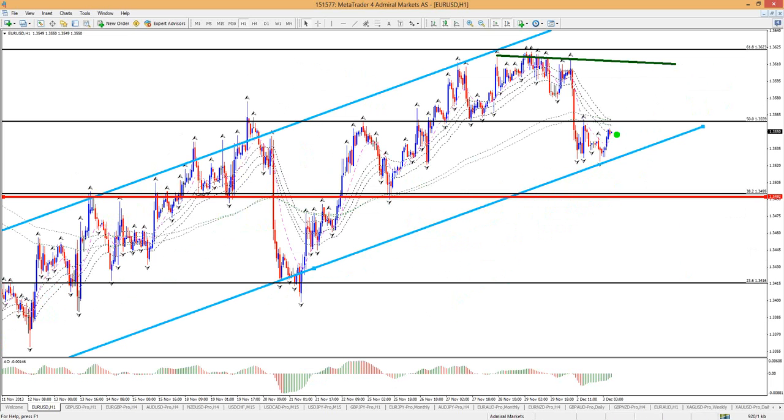Personally, it wouldn't make sense to me. What I see is a big fall here. I don't want to go long against that because that could indicate the potential to fall again. Nor do I necessarily want to go short here because we are bouncing off the bottom of a trend channel potentially. So I'm neutral in this area, personally.